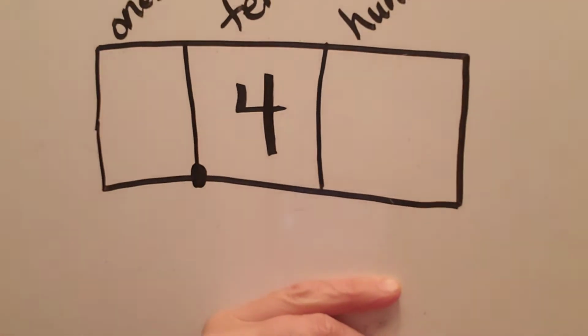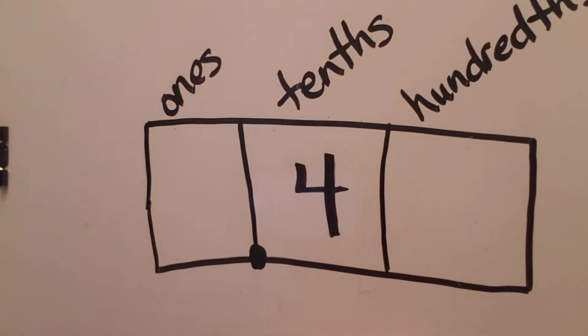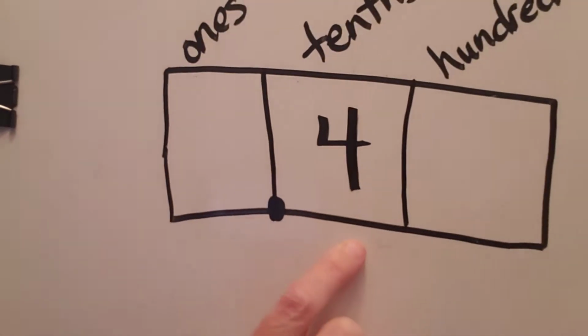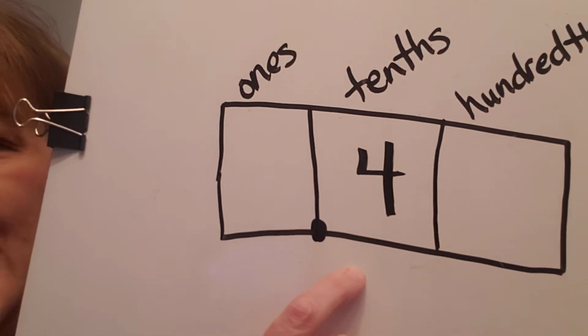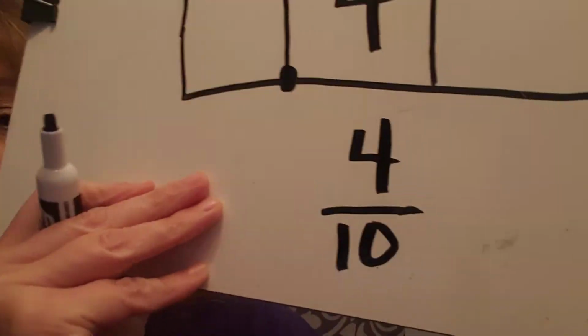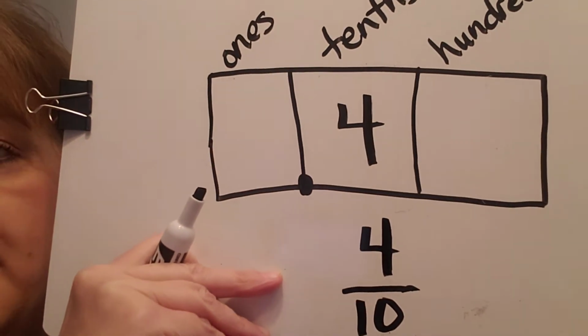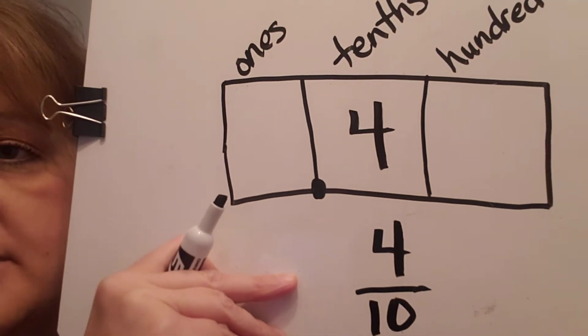All right, now let's say that I don't have those 5 pennies. Let's say that I just have my 4 dimes. This is the what place? Tenths place. How many dimes are in a dollar? There are 10, because the 4 is in the tenths place. So I would say that I had 4 out of my 10 dimes.